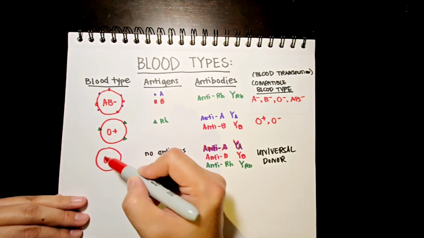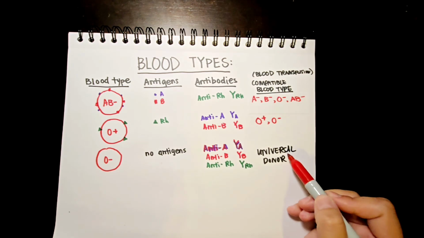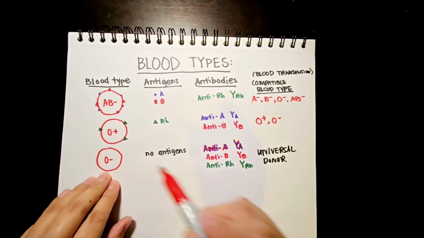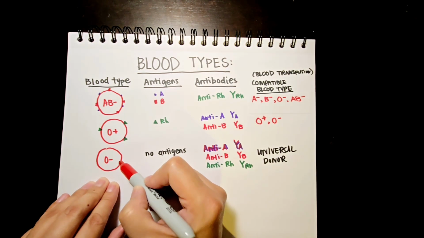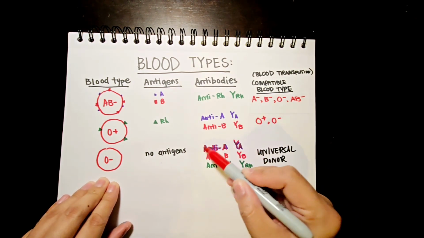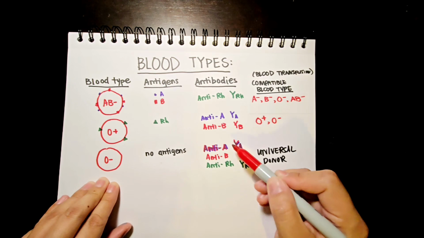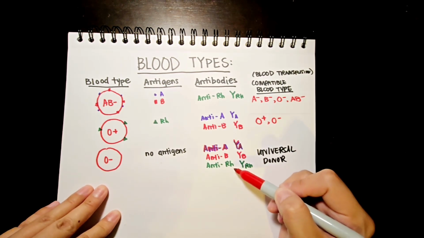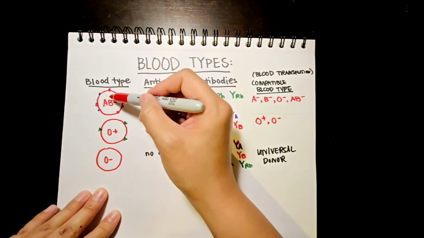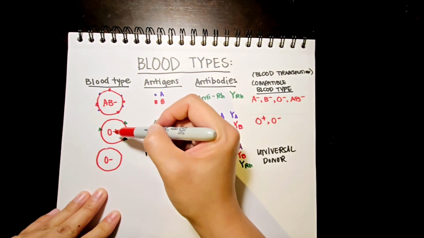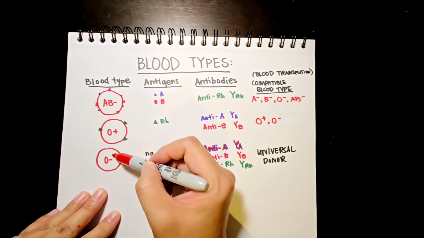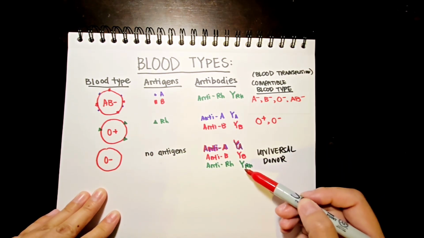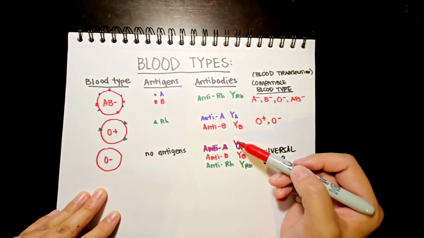Now for O negative blood type individual, yes, you are universal donor, but you yourself being O negative as the blood receiver, your immune system makes antibodies against A, B, and Rh factor surface antigen, which means if any of these other blood types was given to an O negative individual, these antibodies are going to act up and attack those blood cells.